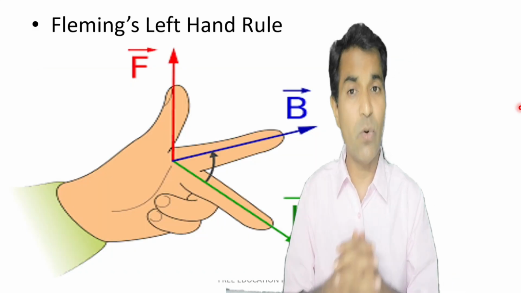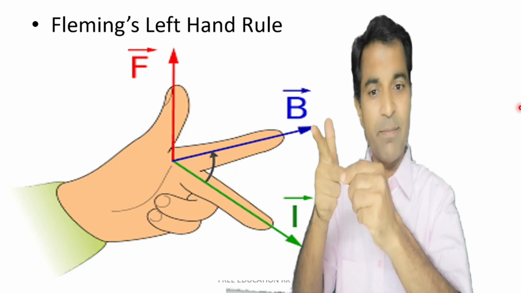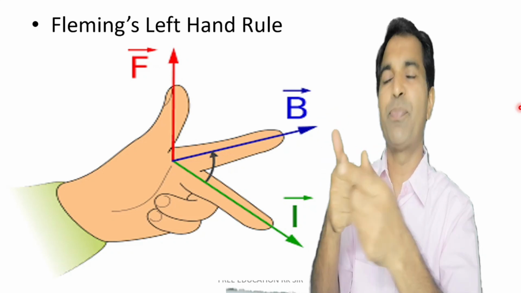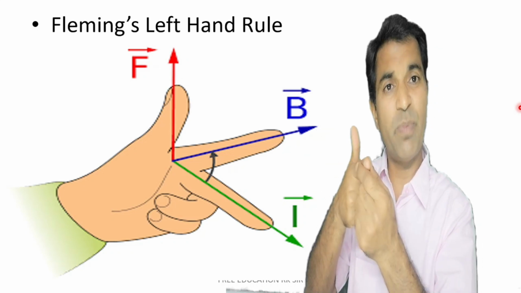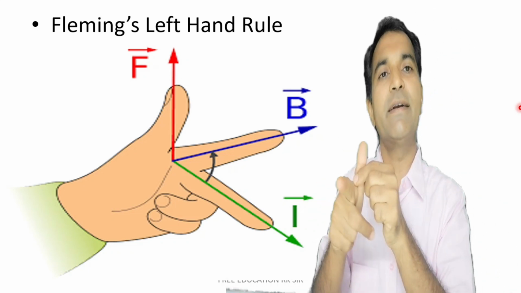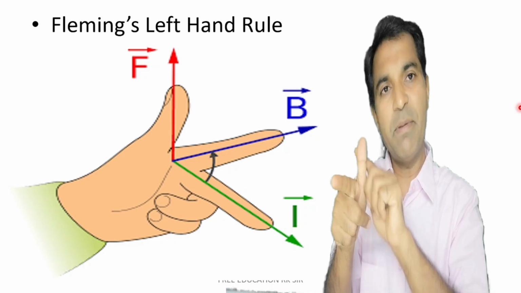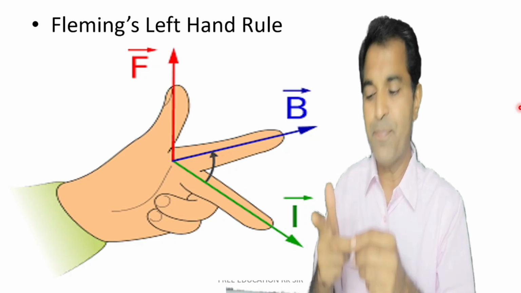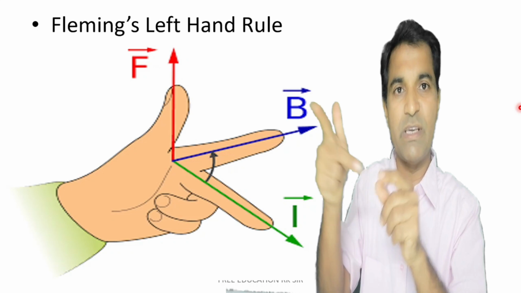Now, according to the left hand rule, the central finger represents current, the forefinger or first finger represents the magnetic field, and the thumb represents the motion, the force.